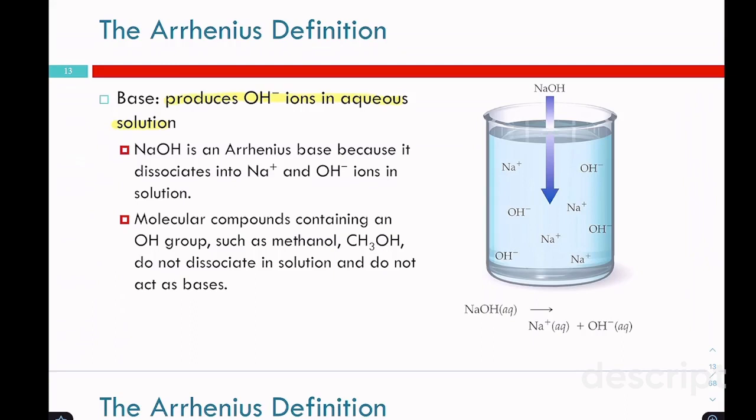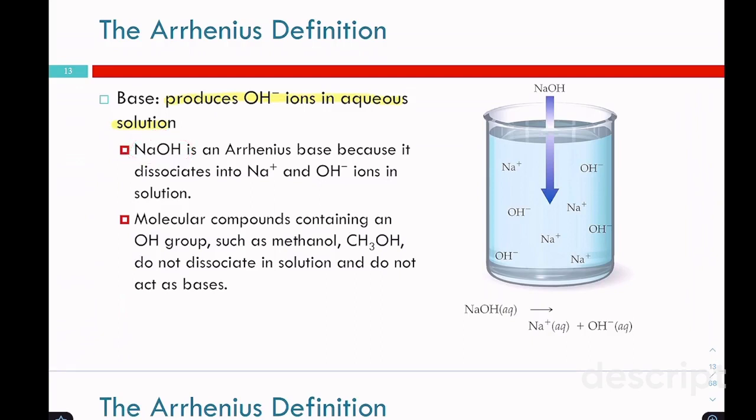So this NaOH will ionize, but there are molecular compounds that have OH groups, such as methanol, that do not dissociate in solution. As a quick rule of thumb, the compounds that are going to dissociate are going to be ionic.